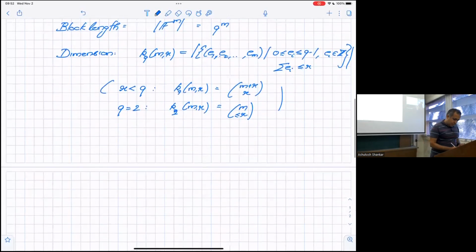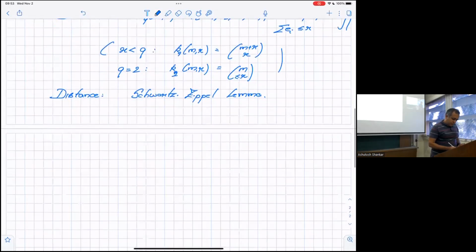Now about the distance. The distance was given by the Schwartz-Zippel Lemma. What was the Schwartz-Zippel Lemma?